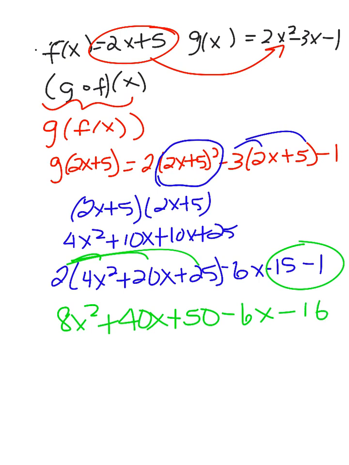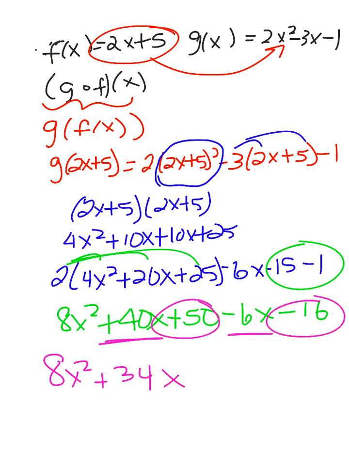All right, so we need to combine like terms, so I have 8x squared, so I have 40x minus 6x, it would be positive 34x, and then I have 50 minus 16 would be positive 34.